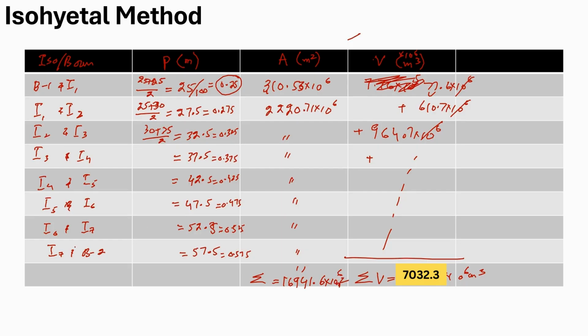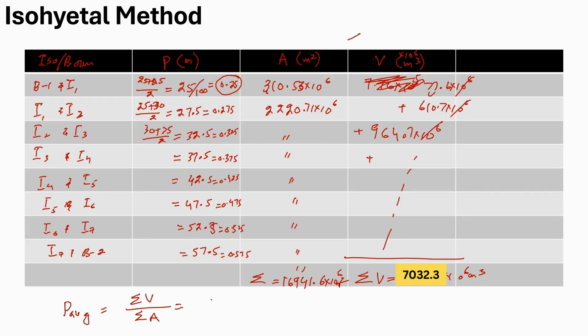To get the average precipitation, we'll simply divide the summation of volume by the summation of area. Keep in mind that you have to make the units consistent. If units are not consistent, your answer will be wrong.